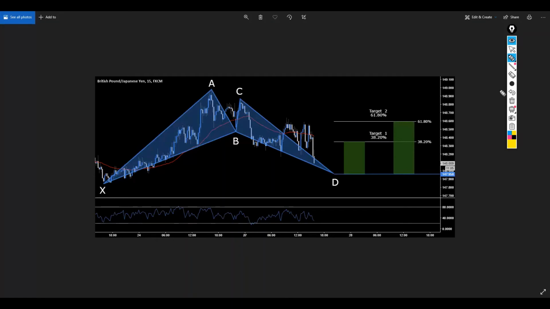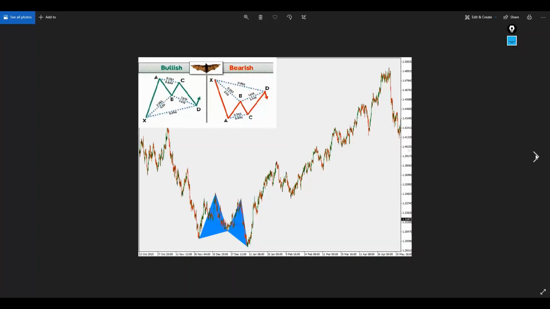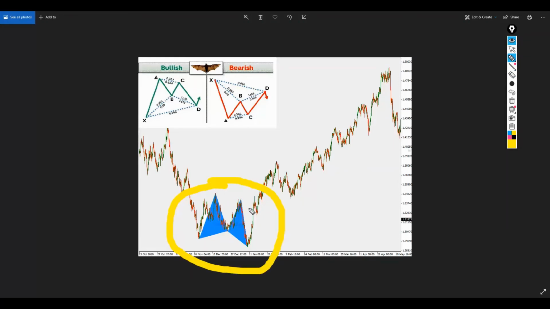But I'm going to teach you a new method that is going to generate a lot of reward for us. What does that mean? Let's go to this one, this is what I meant. Imagine this way: we can see the pattern forming here, and then imagine we enter the market here, the risk here, and look at the amount of reward.